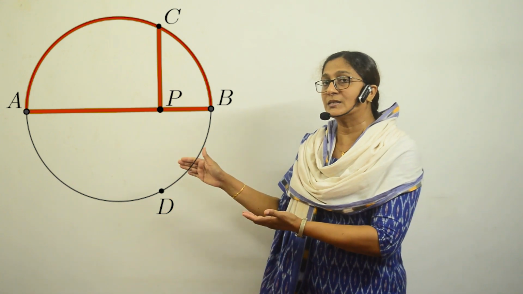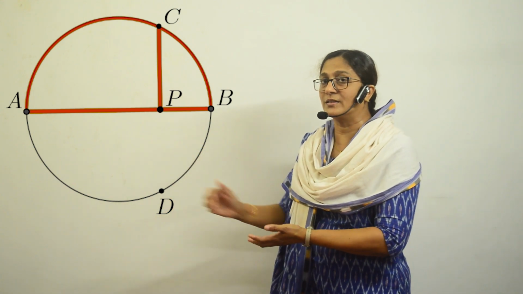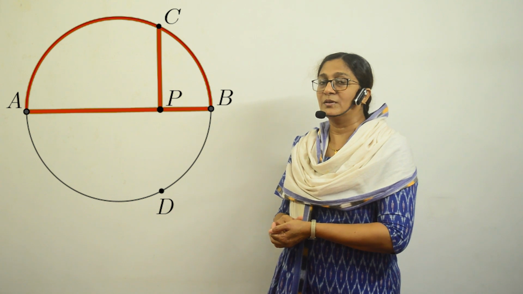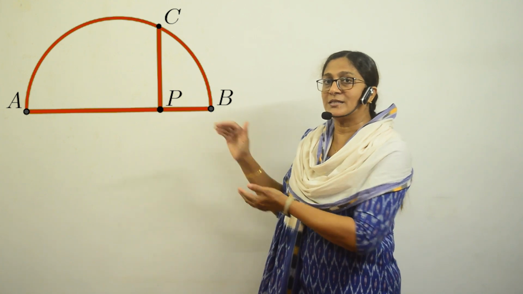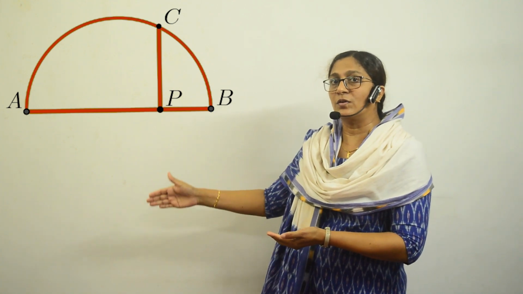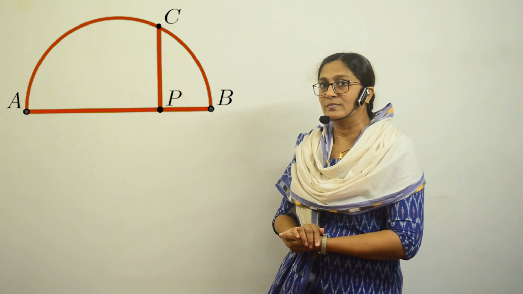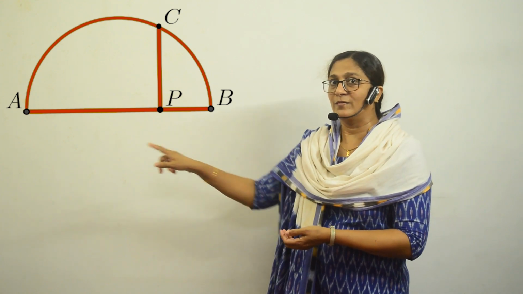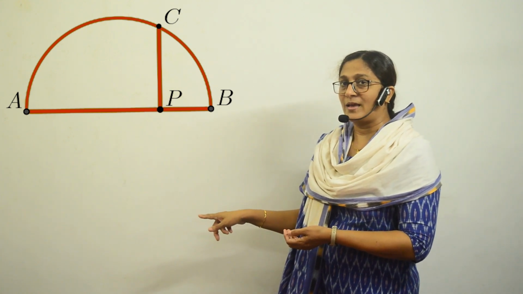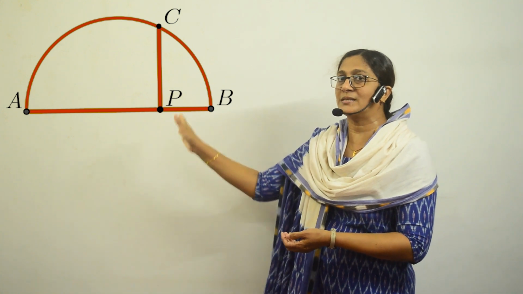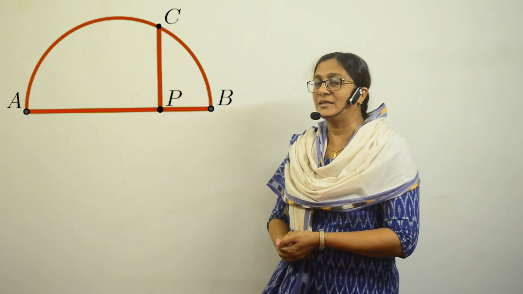And PD is not of much importance here in this relation because it's the same length as PC. So we can avoid PD also. So we have a semicircle with a diameter AB and a perpendicular PC meeting at the circle.